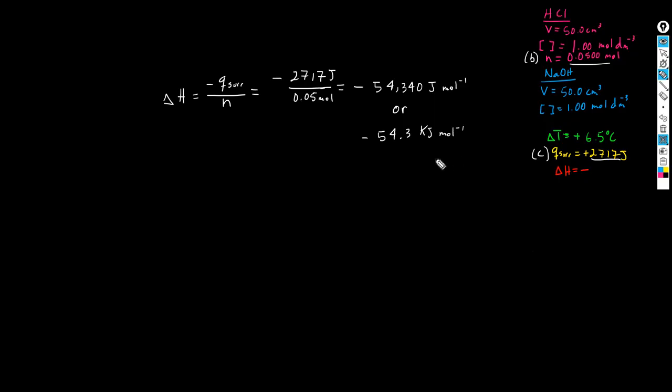We can divide by 1,000 to make it kilojoules, which gives a much cleaner and simpler number. So I'm going to write that here. I'm going to write it in black, but you'll see it when I switch over to the other screen. Delta H is going to be negative 54.3 kilojoules per mole.